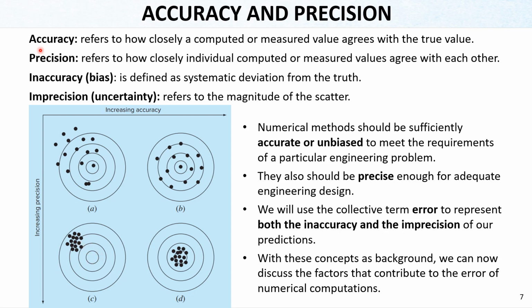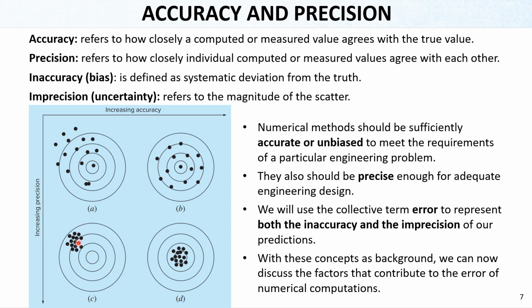The opposites of accuracy and precision are inaccuracy and imprecision. Inaccuracy is also called bias. You can see, especially in figure C, that although they are very precise, very close to each other, they are away from the center. That means they have a bias or inaccuracy.